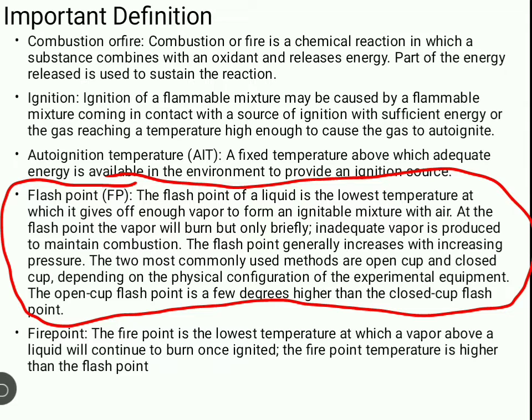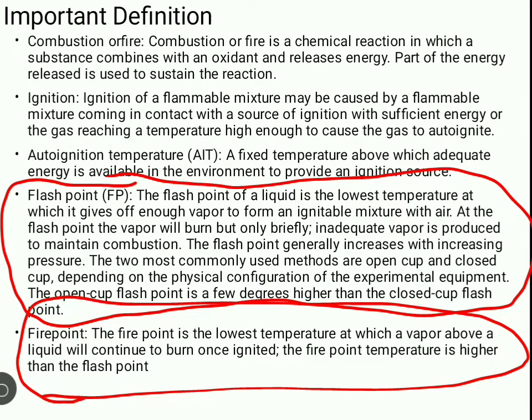Next important thing we will study is the fire point. The fire point is the lowest temperature at which the vapor above a liquid will continue to burn once it is ignited. The fire point is higher than the flash point. Both of these are very important for studying the fire and explosion properties of a material.